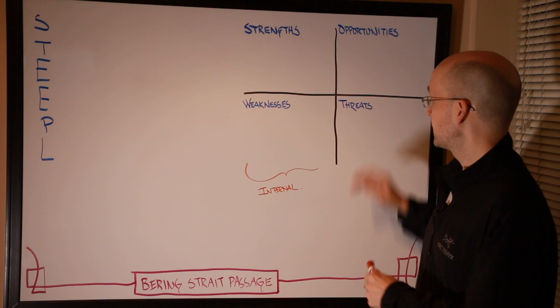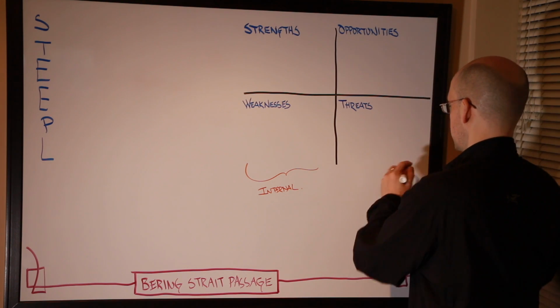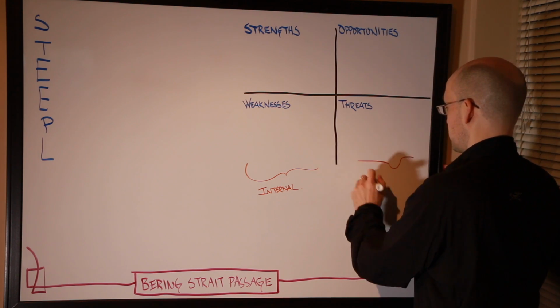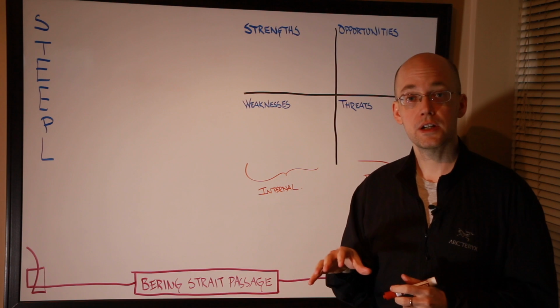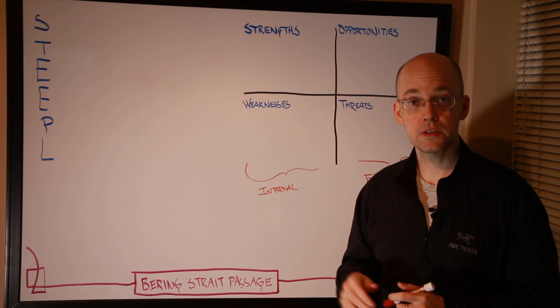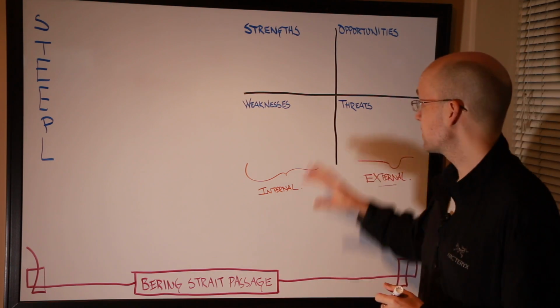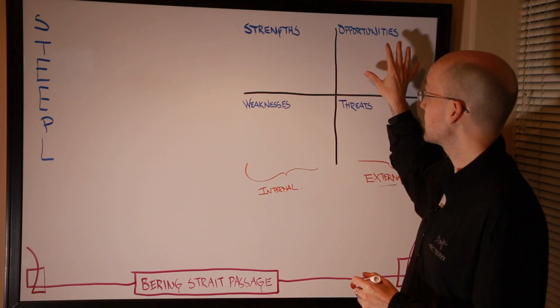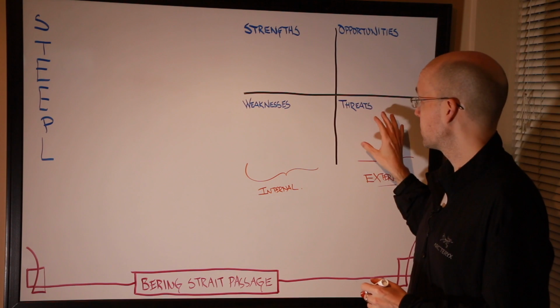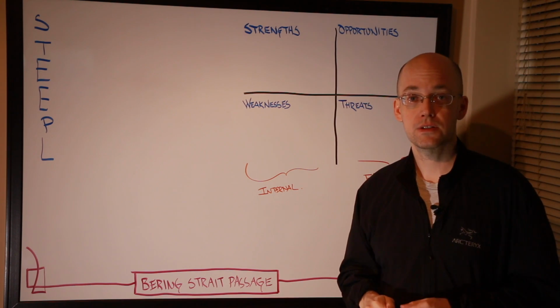So the threats and opportunities are external, and being external, these are outside of the control of the organization. The organization is best to find ways to leverage them in the sense of opportunities, or mitigate them in the sense of threats.